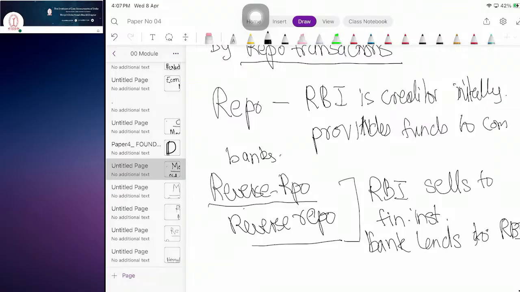Sale and purchase of securities with the agreement to repurchase them at the prevailing rate. No. Sale of securities by the holder to the investor with the agreement to repurchase them at the market driven rate. No, it's not a market driven rate. It is a predetermined rate. So that is the giveaway here for the correct answer.